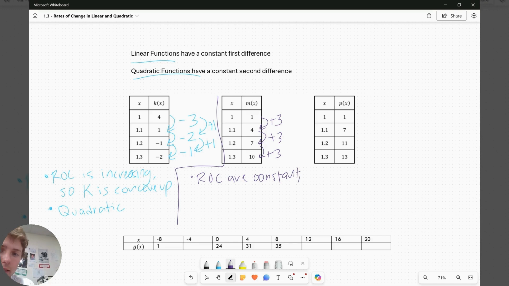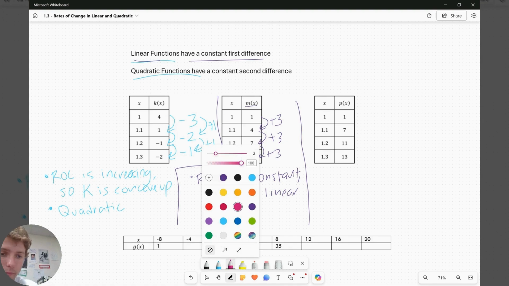We said that linear functions have a constant first difference. That is the first difference, that is your rate of change. So we know that the function m is linear. We don't need to look at quadratic. We don't need a second difference because we're already able to make our conclusion.